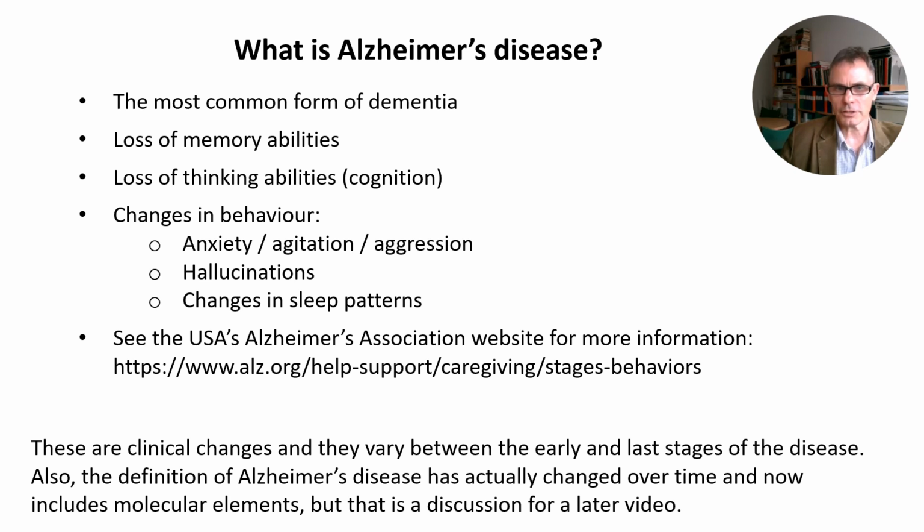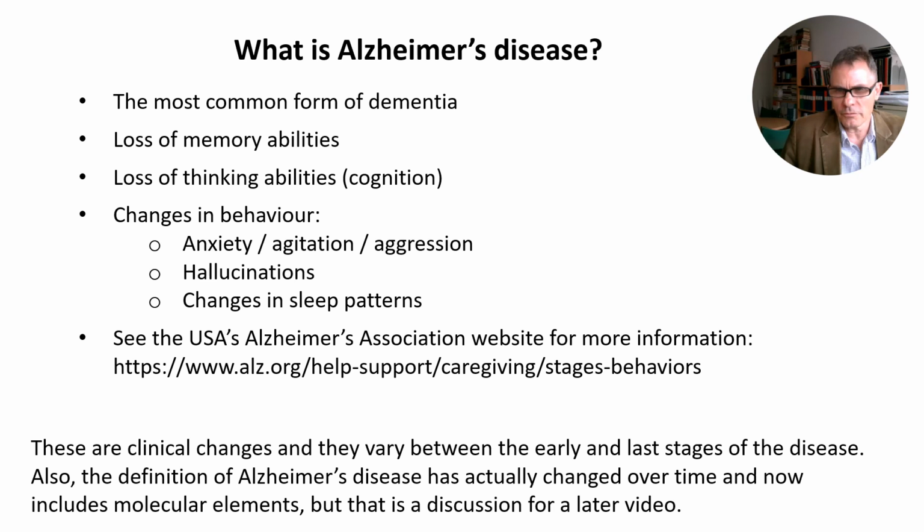So what actually is Alzheimer's disease and how do we classify it? Well, most people are probably familiar with the idea that Alzheimer's is the most common form of dementia. There are other forms of dementia disease, as we'll discuss later, and that Alzheimer's involves a loss of memory abilities.